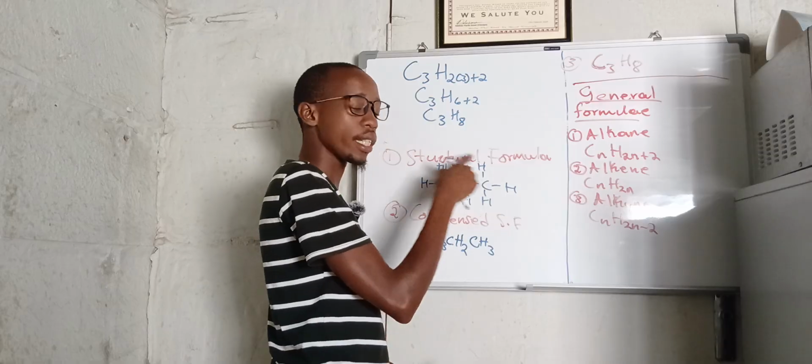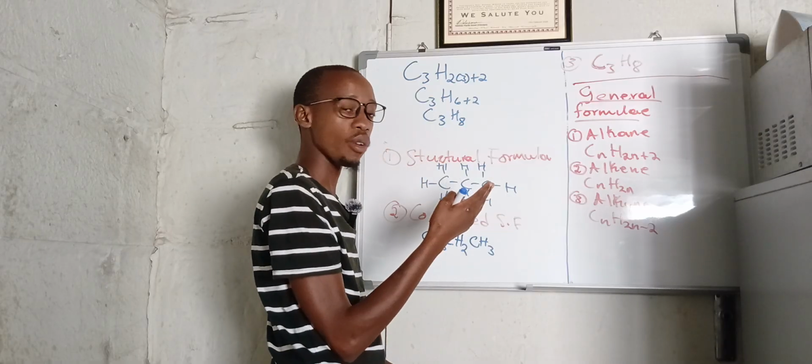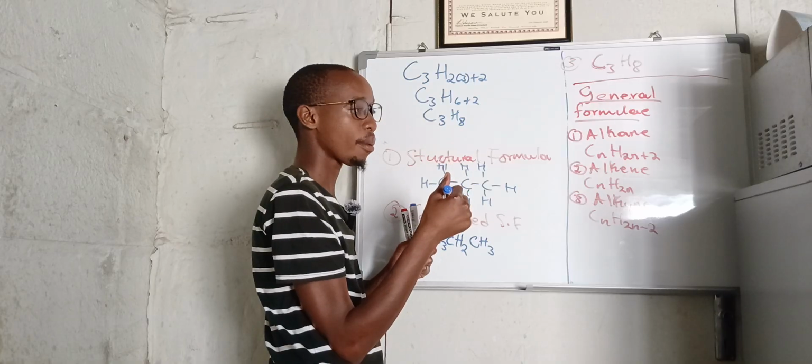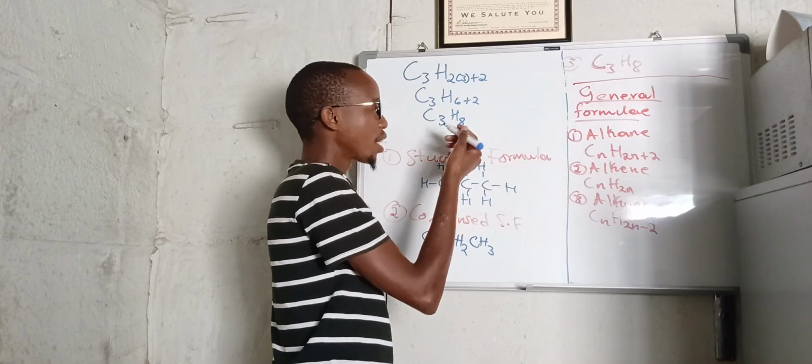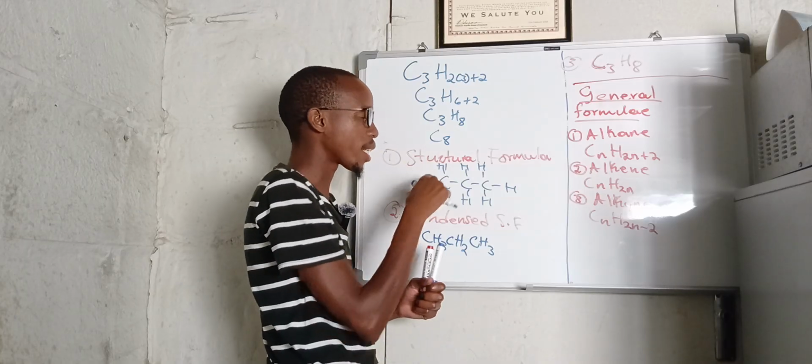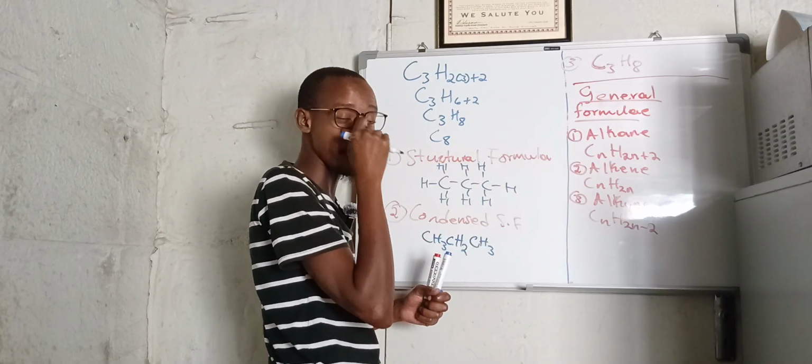We only counted here. So it's easy to count if you have a smaller number of carbons, but if you have a large number of carbons, for example if you are given C8, you would not go around trying to count how many hydrogens are included in that.